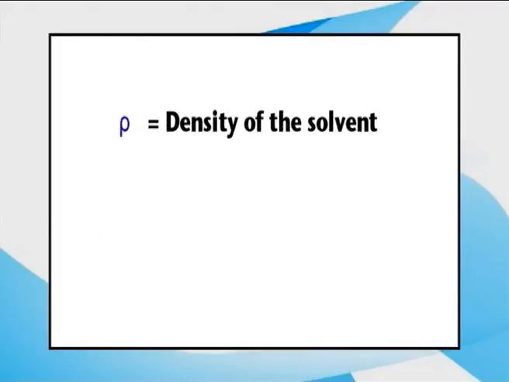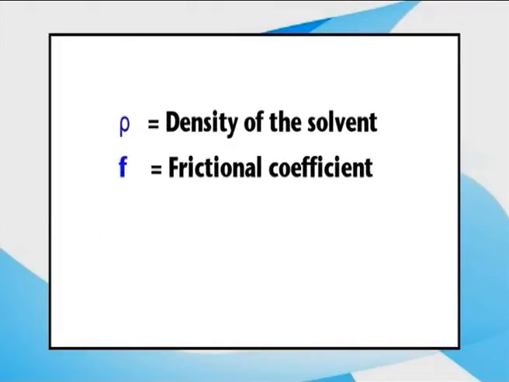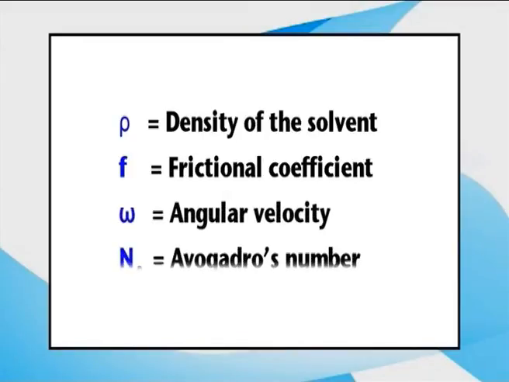Rho is density of the solvent, F is frictional coefficient, omega is angular velocity, Na is Avogadro's number. This equation simply states that the rate of sedimentation of a given particle is proportional to the molecular weight, the applied centrifugal force, and the density difference between the particle and the solvent, and inversely proportional to the frictional coefficient.